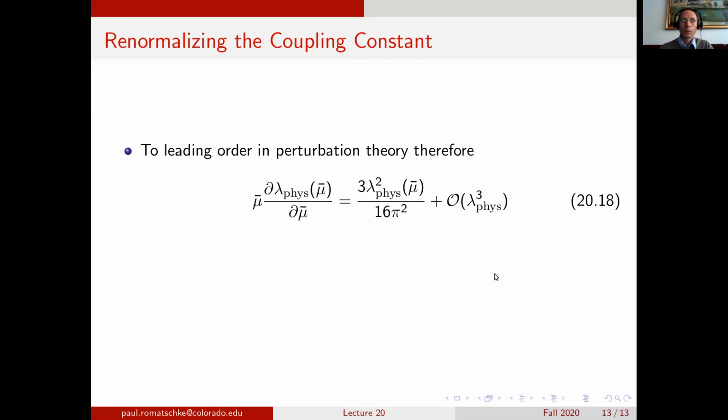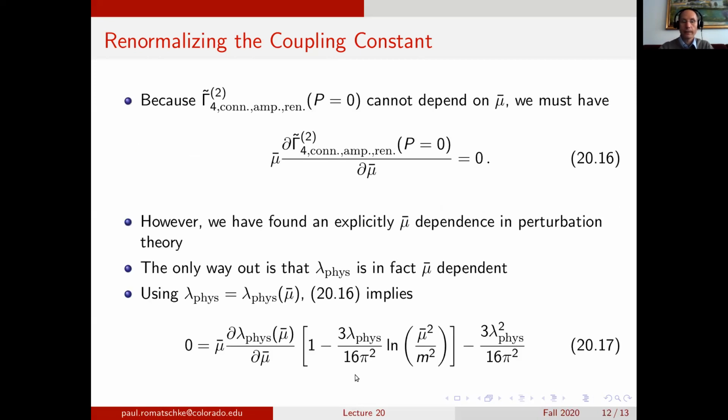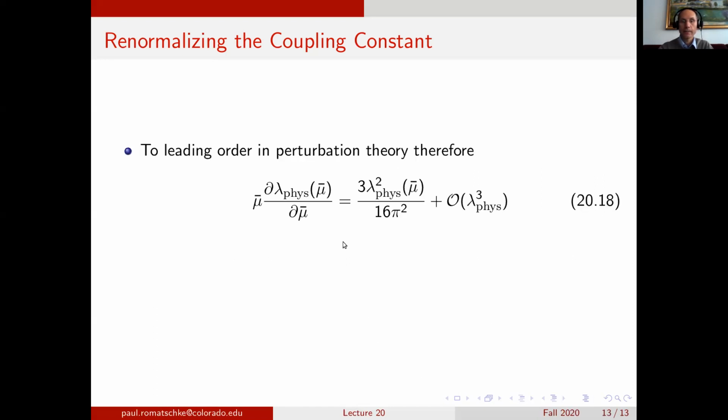To leading order in perturbation theory, this piece here is formally higher order than the one here, so we can neglect it, and we find that to leading order in perturbation theory, the derivative of lambda physical has to be 3 lambda physical squared over 16 pi squared. And of course, there are higher order perturbative corrections that we don't write in this equation.